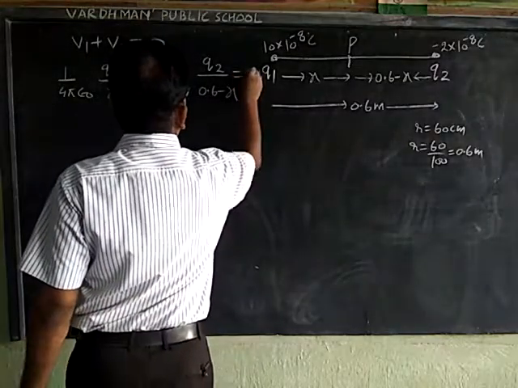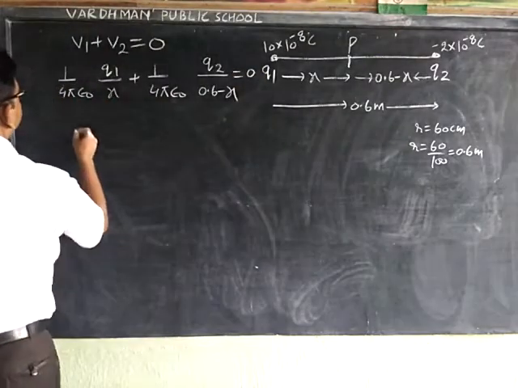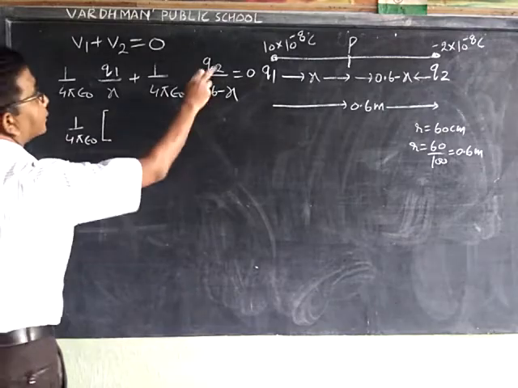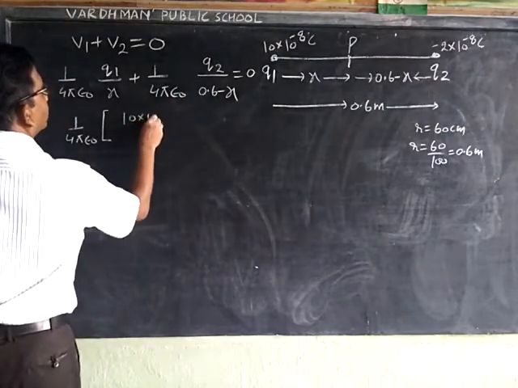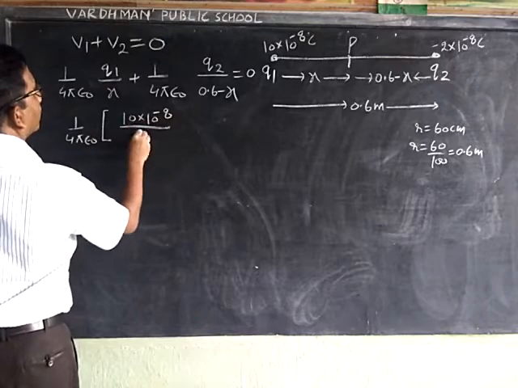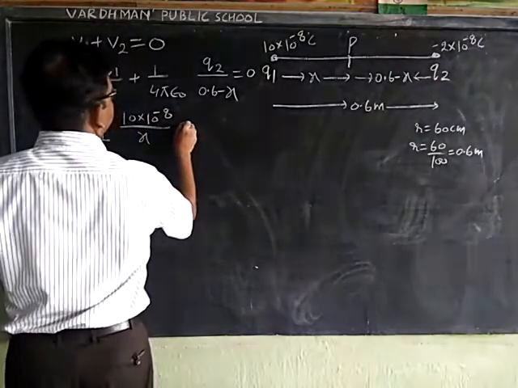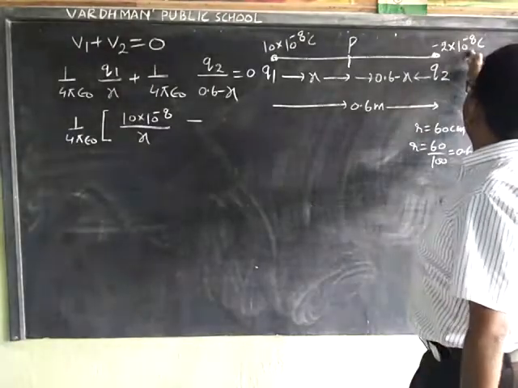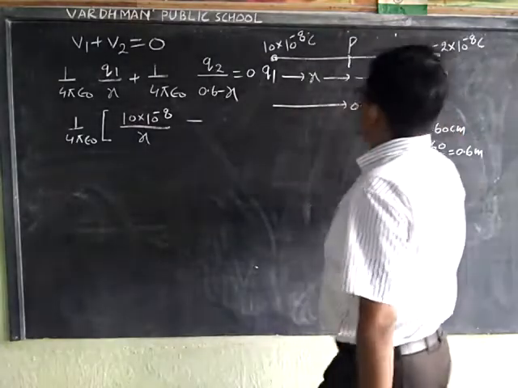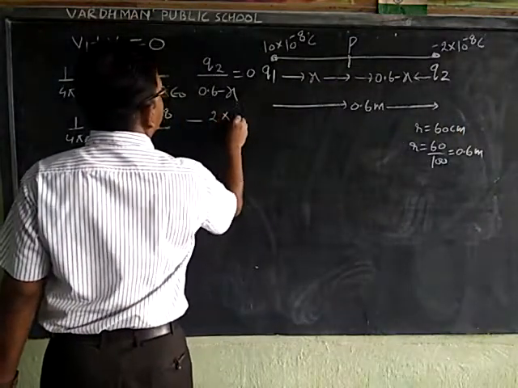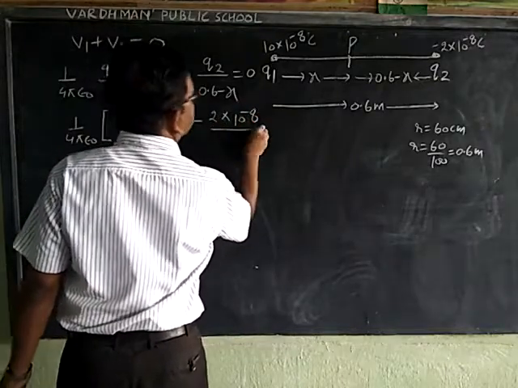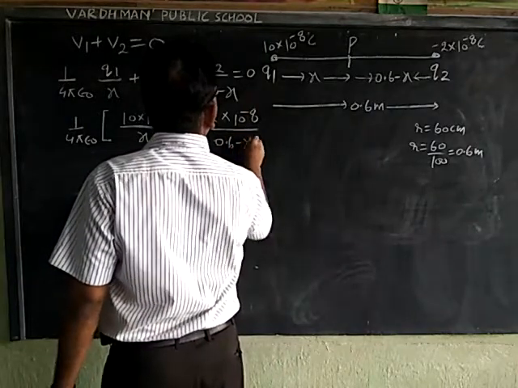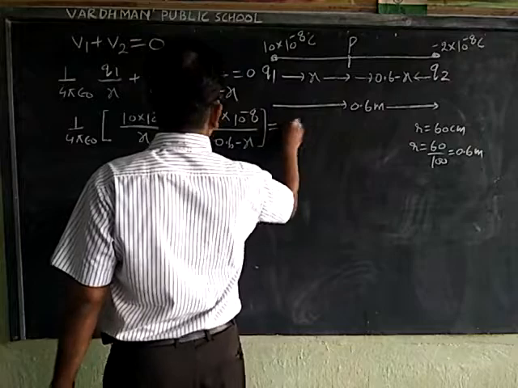is equal to 0. Now we take common 1 upon 4 pi epsilon naught: q1, 10 into 10 power minus 8 upon x, minus 2 into 10 power minus 8 upon 0.6 minus x is equal to 0.